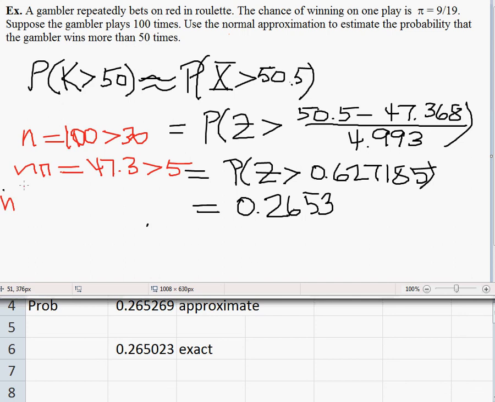And also, if you compute it, n times 1 minus pi works out to be about 52.7, and that's also plenty more than 5. So all three assumptions about when to use the normal approximation for the binomial distribution applied, and so we get a very good fit for the approximate answer versus the exact answer.